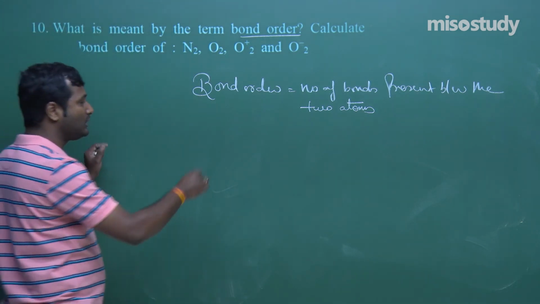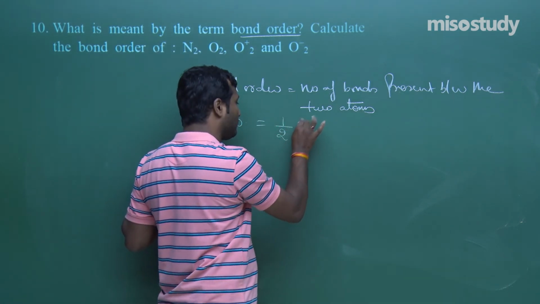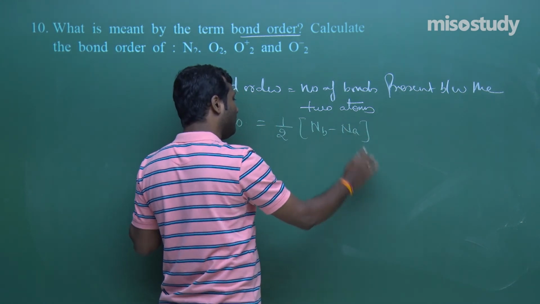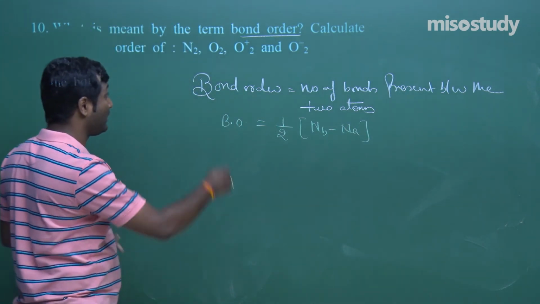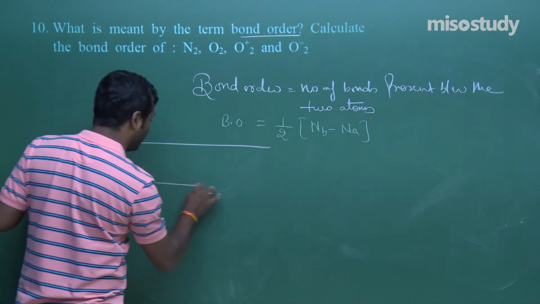As I told you, if I use molecular orbital theory, bond order is equal to 1 by 2 (Nb minus Na), number of bonding electrons minus number of anti-bonding electrons. But I have given you a short trick also. Remember this?